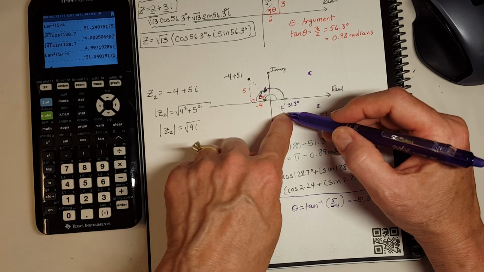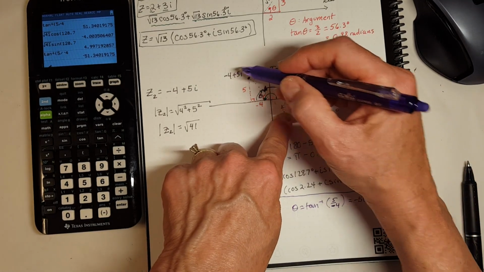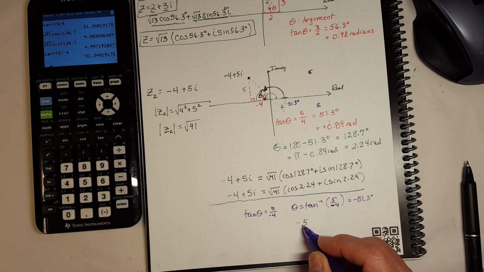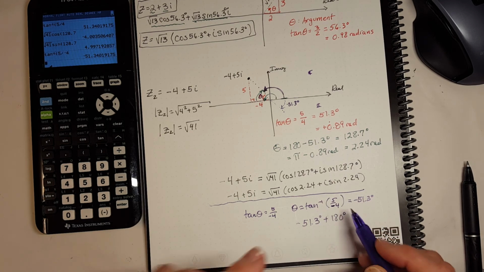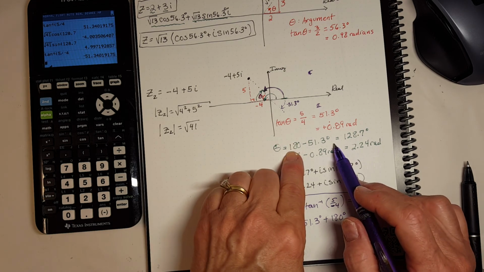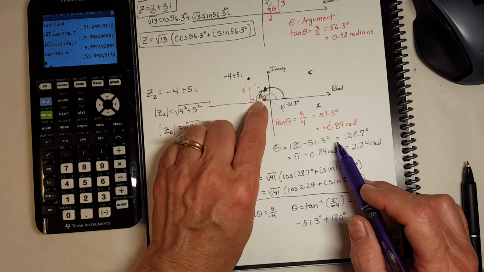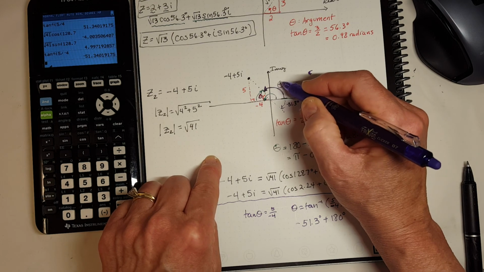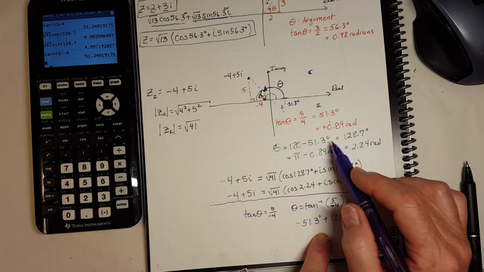Well, I'm going 180 around. This is a line, and it makes part of a vertical angle. So I would do -51.3 but then I want to be in the opposite quadrant, so I add 180 degrees. This is really the same as the thought process we went through when we said this little acute angle, if I subtract it from 180 degrees, I get the desired argument of my problem. It's the same math.